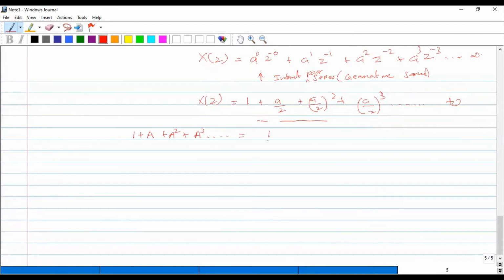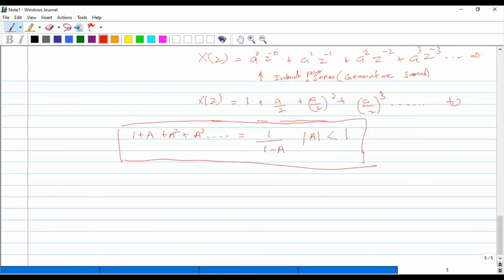You can write it as 1 by 1 minus a, and there is a condition for this a: the magnitude of a should be less than 1. So this is one of the Taylor series, the Maclaurin series, and we can use it to get this as a compact form.